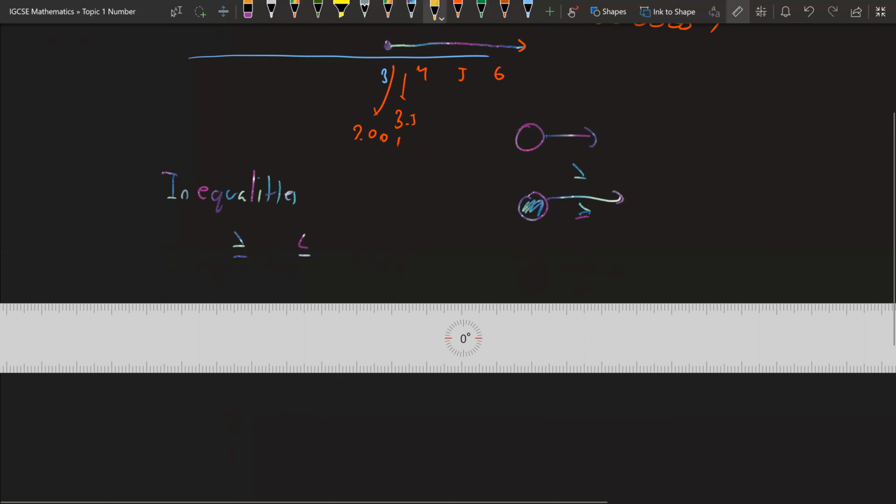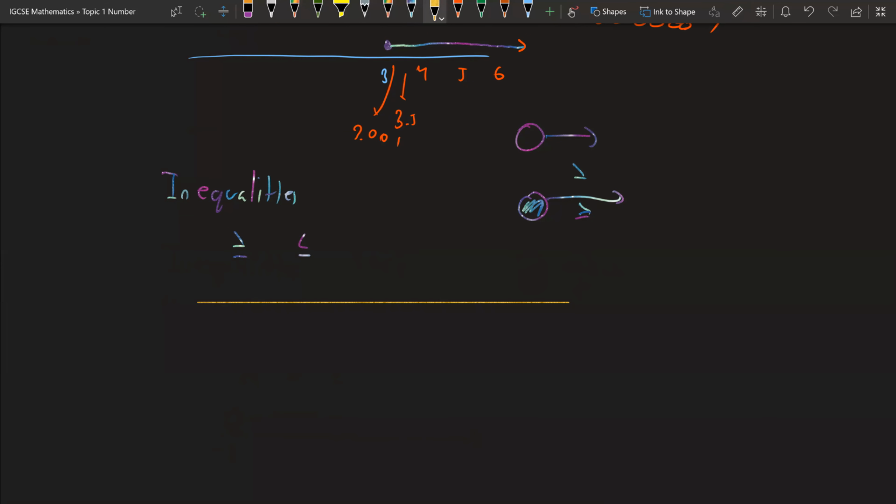Let's say this is a number line. Zero is here, 1 is here, 2 is here, 3 is here.